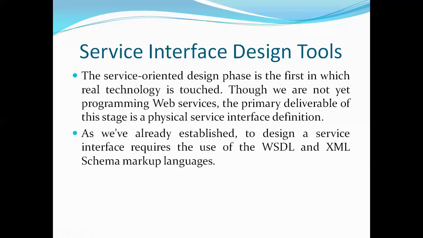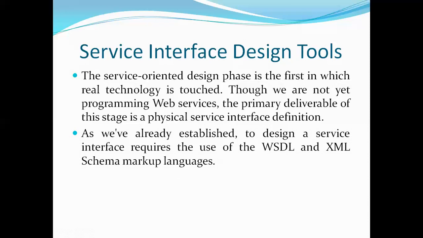We have already identified the candidate services. After analysis, we have identified the service candidate, and now we are designing the service candidate. For designing the service candidate or interface, we have to use the visual document and XML schema markup language.